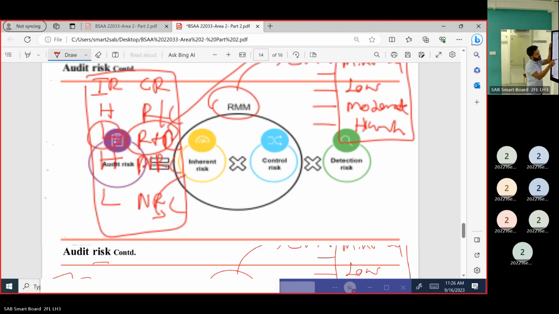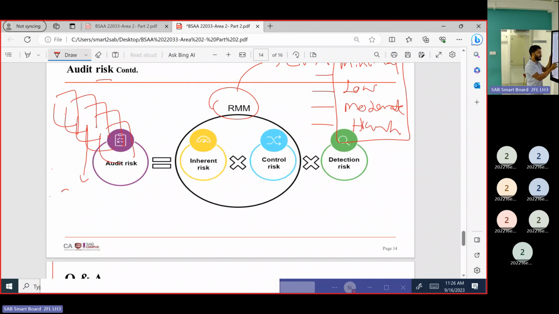What is that? Statement of financial position. We can do that risk assessment on the statement of financial position as a whole, as a statement. Because of inherent risk and control risk, what is the impact? Is that correct? That's the risk assessment for the statement of financial position.